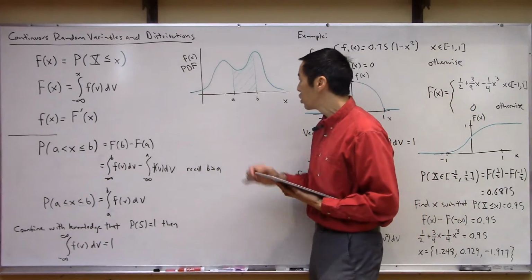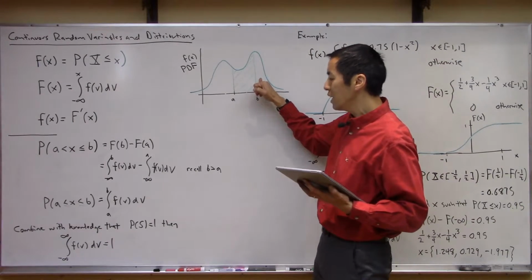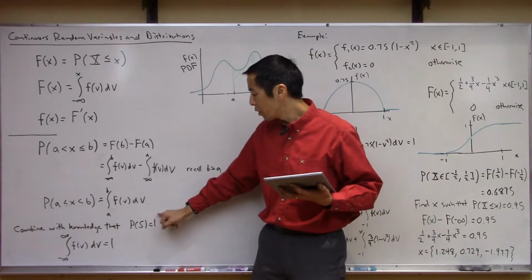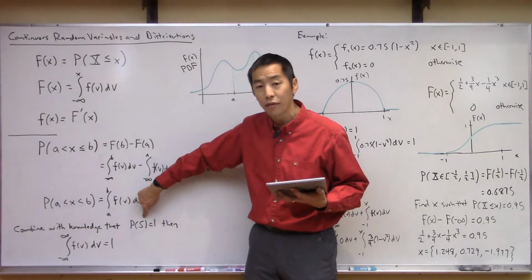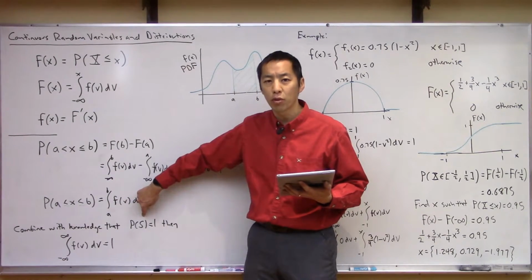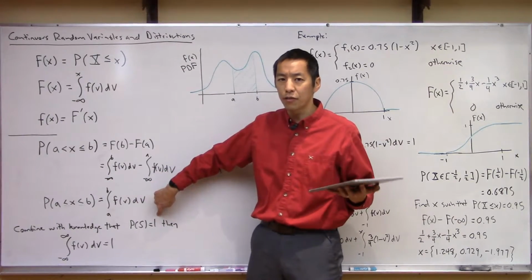Actually, before we do that, we should also mention the other thing that's important about these continuous CDFs. If we remember from our basic probability, we know the probability of the random variable taking a value in the entire sample space S has to be 1, because it's got to fall somewhere in the sample space.